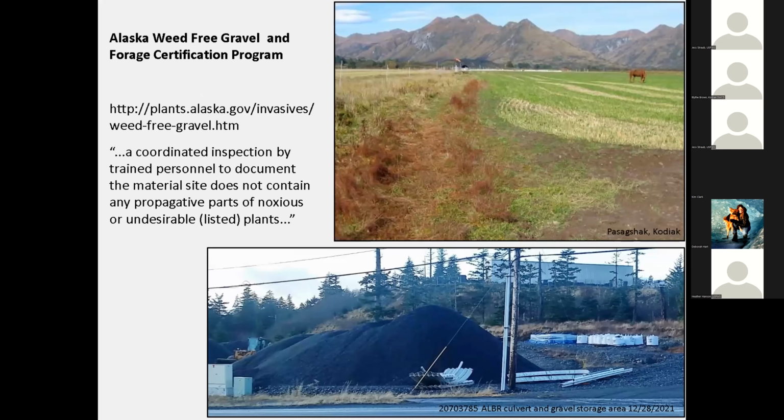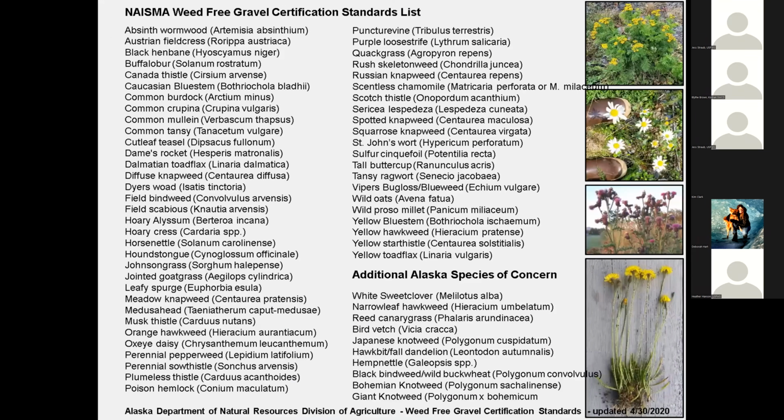As you write your plans and scope of work documents, you can require the use of certified weed-free materials. Alaska has a weed-free gravel and forage certification program. It is still growing and not yet available across the whole state. Here's a list of species that are currently not allowed in certified gravel. Note the extra species added to be certified in Alaska.